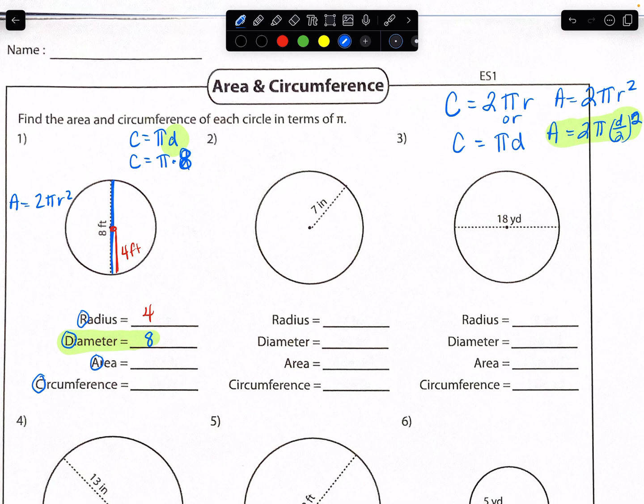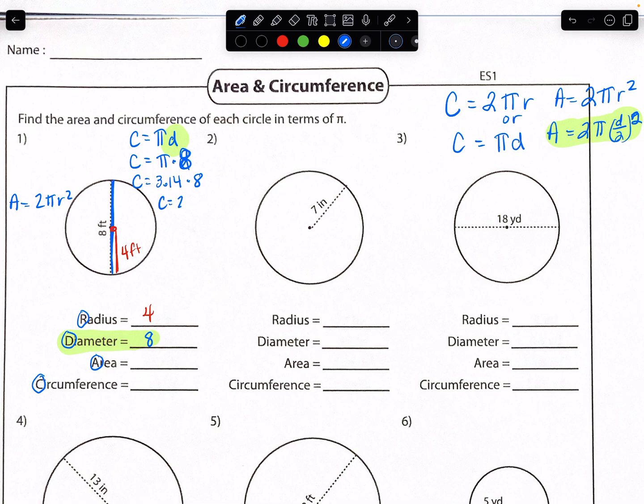Now at this point, because it's pi, that is an irrational number that goes on forever and ever, you can either use pi on your calculator, which I'm trying to locate my calculator, or you can use 3.14. We're going to use C equals 3.14 times 8, and we want to show you the difference. If I use 3.14 times 8, I get the answer of 24.12.